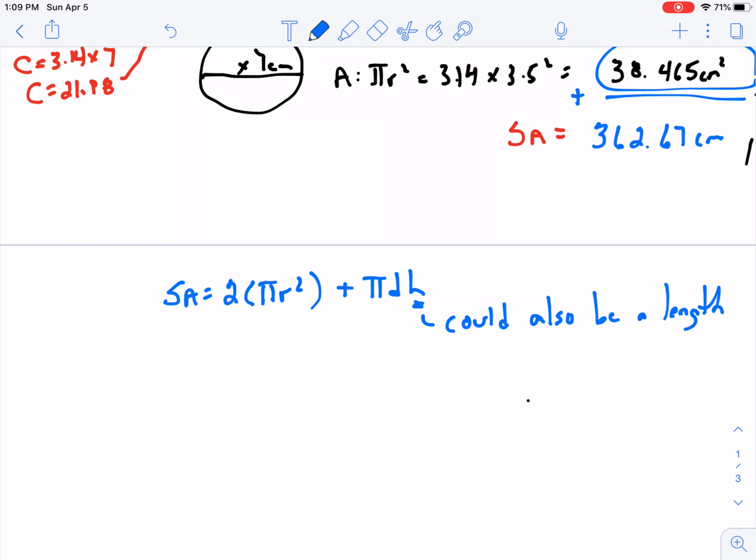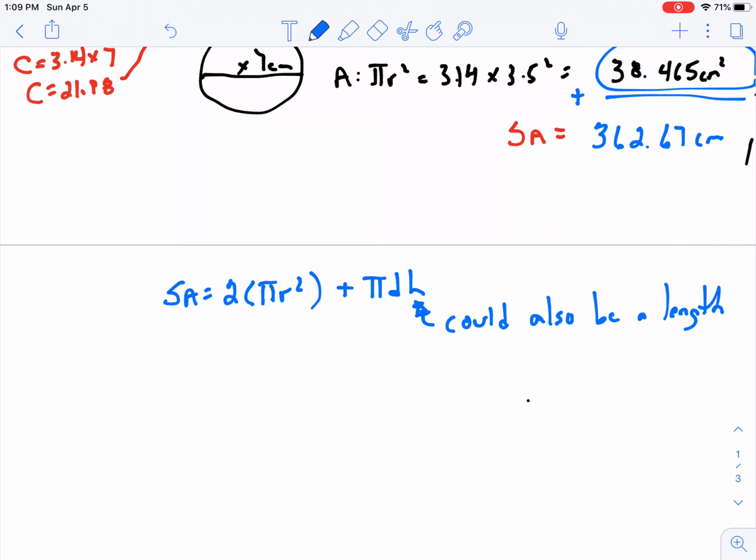If I have that information, I can substitute all of it in, and I could solve this without all that extra work, without drawing that net. As long as I can solve for my radius and for my height, I can actually solve any one of those.